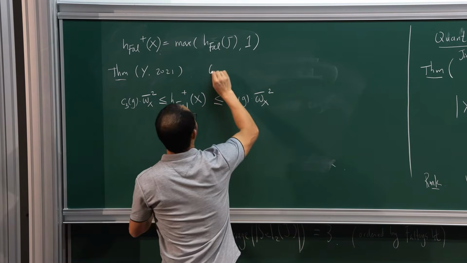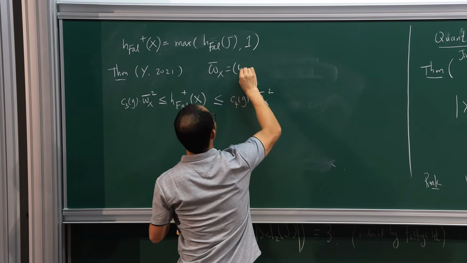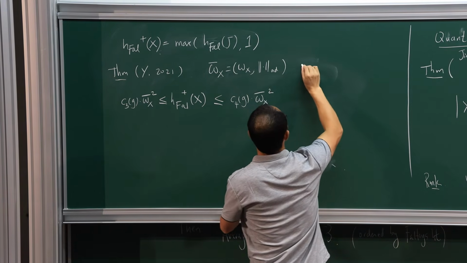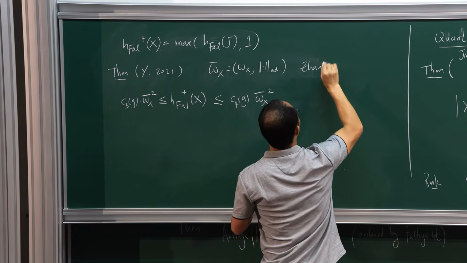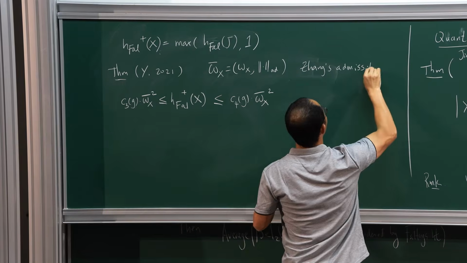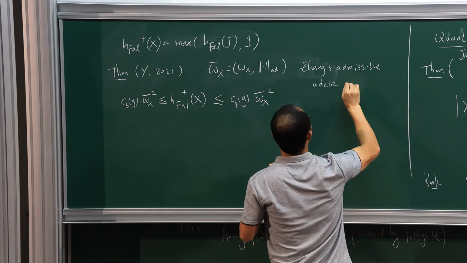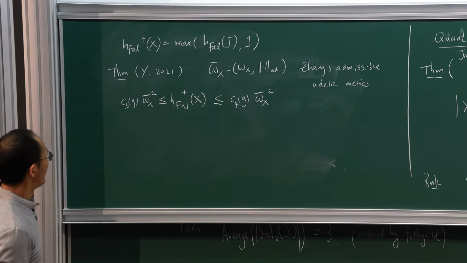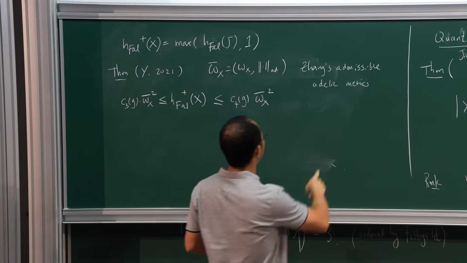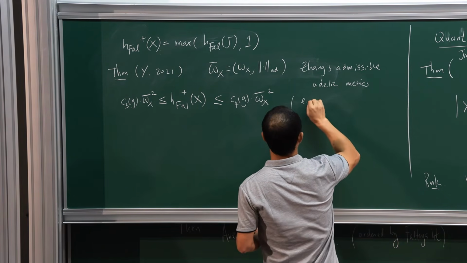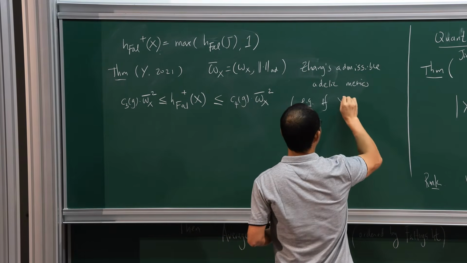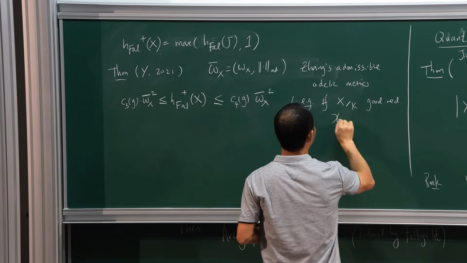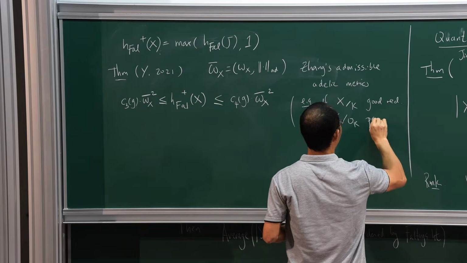So this omega x bar, omega x, and then we put this admissible metric. So this uses Zhang's admissible adelic metric. If you're not familiar with this, just think of the case where X over K has good reduction, so that you have X over O_K projective smooth.